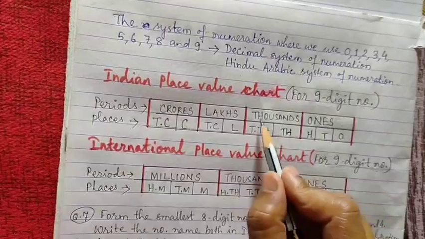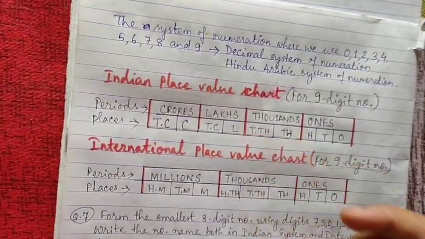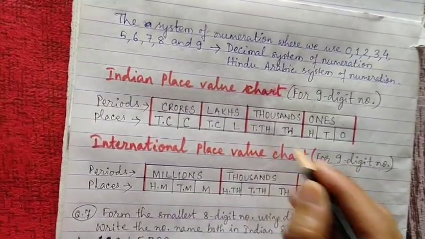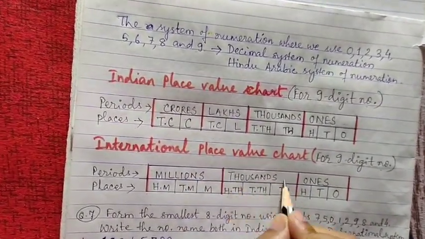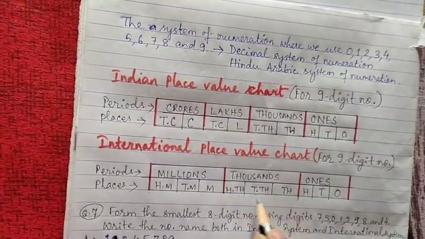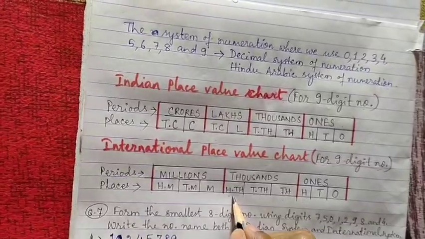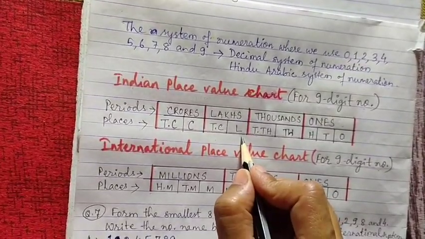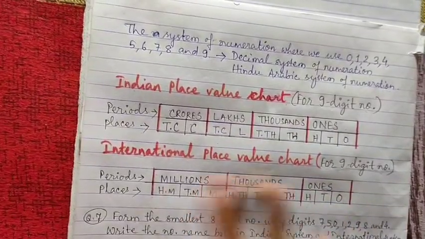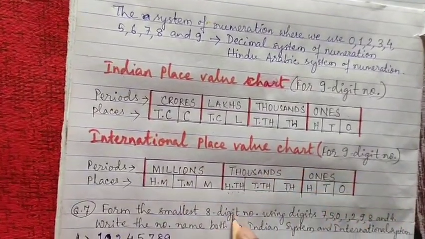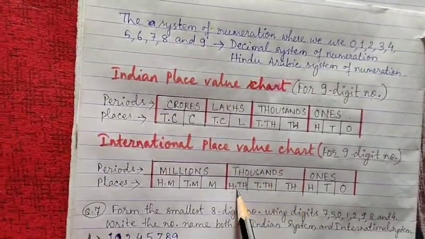Here in the Indian number system, thousands period has 2 places, that is 1000 and 10,000, but in the international place value chart the thousands period contains 3 places: 1000, 10,000, 100,000, which is not present in the Indian system. So in the international system, lakhs and crores periods or places are not there. A different system is followed.